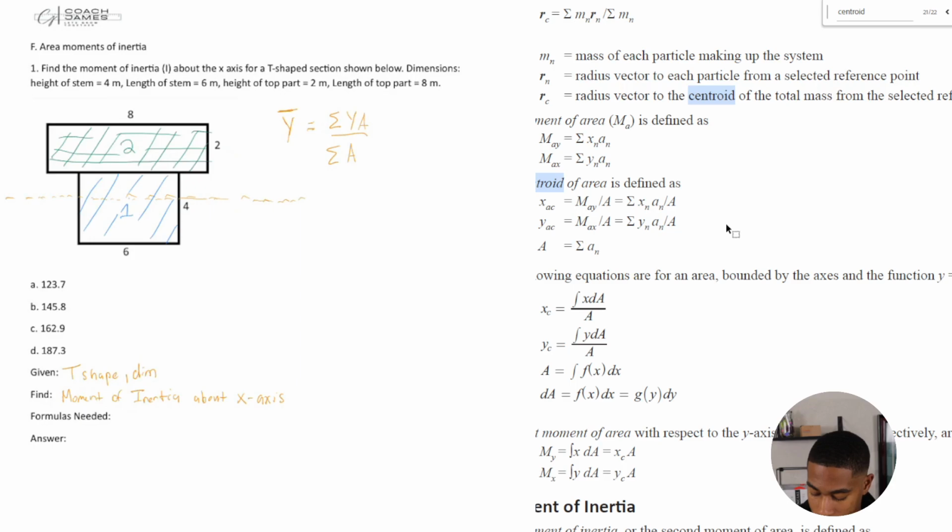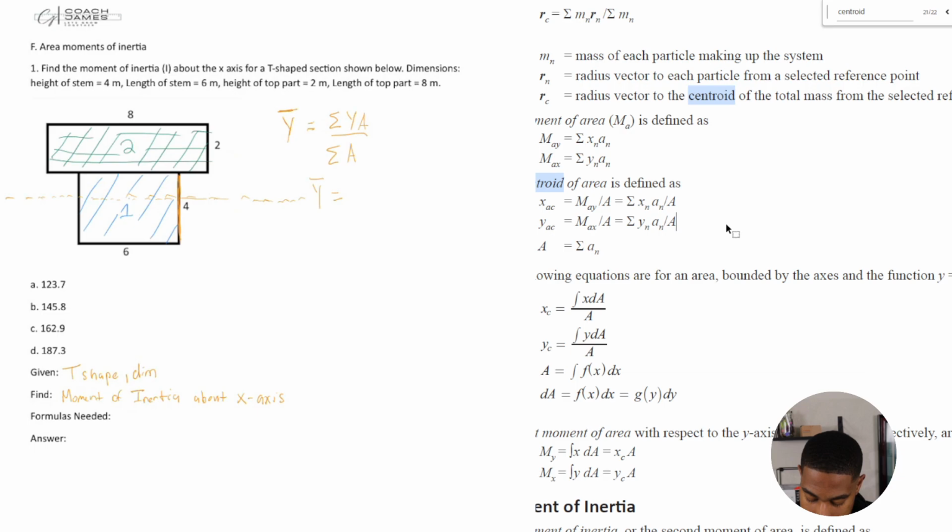So for part one, what would be our y centroid, the centroid of the piece in the y direction? So if this height right here is 4, right? What is the center?